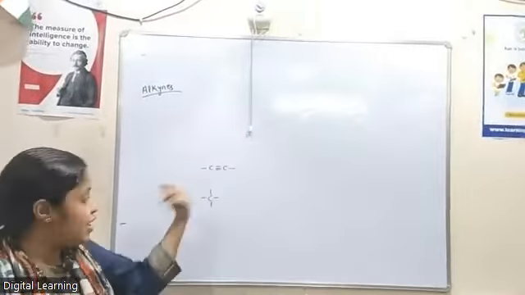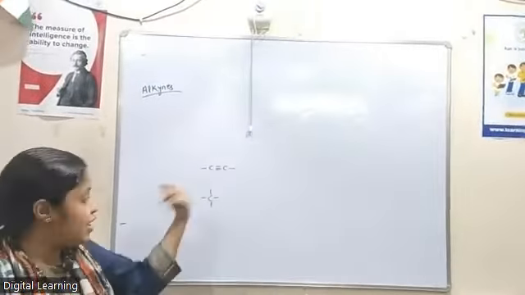Then in alkane, there is a single bond or a single sigma bond between carbon atoms. In alkene, there is a double bond between carbon atoms, in which one is sigma bond and one is pi bond.